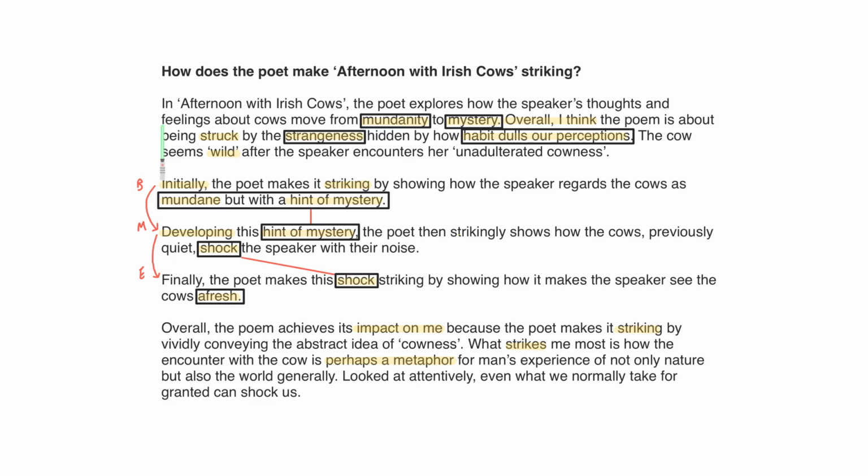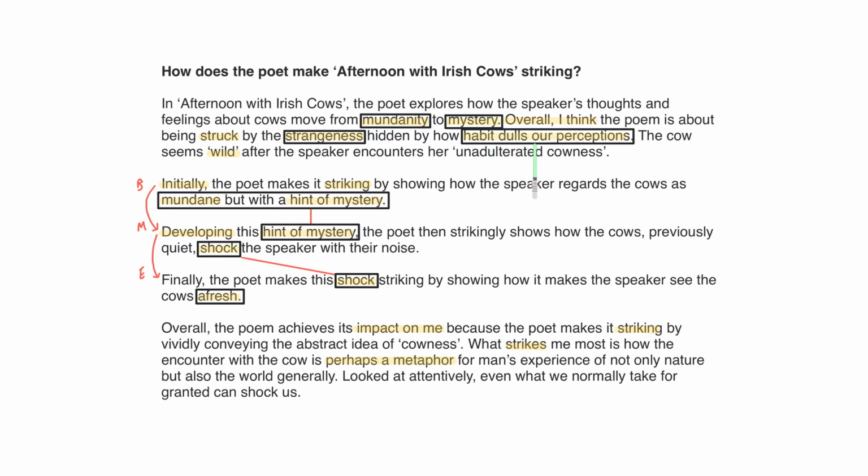So for this one, we've said that the overall shift is from seeing the cows as quite mundane or boring to mysterious. And this is interesting to the poet because it's an exploration of how actually what you take for granted can seem to be quite strange when you really think about it.